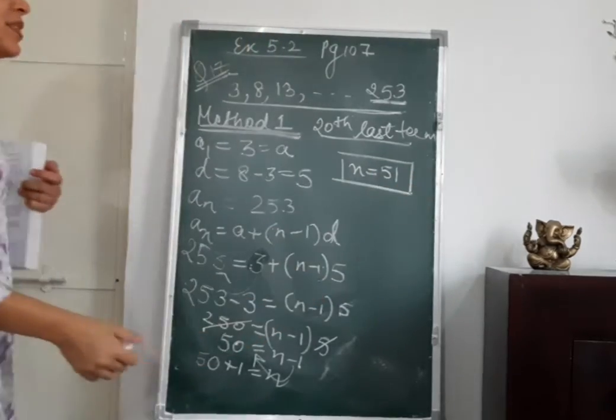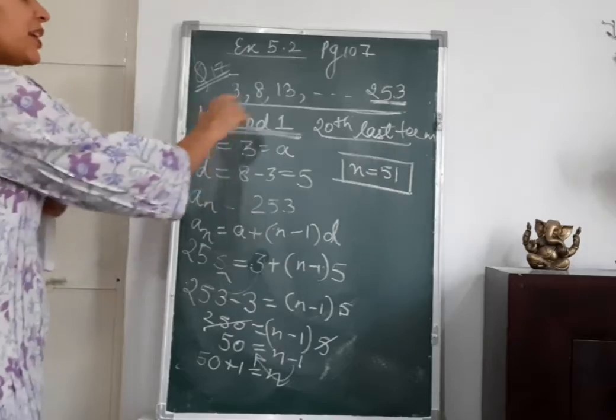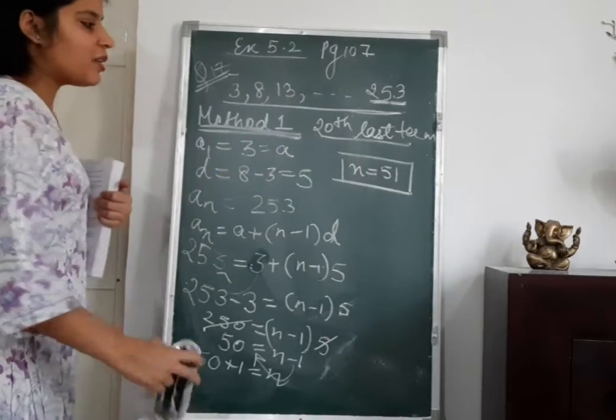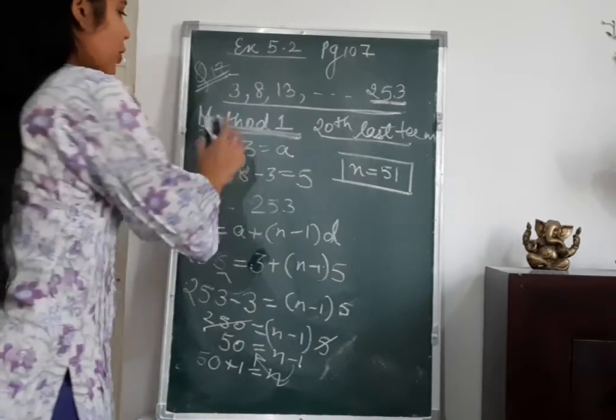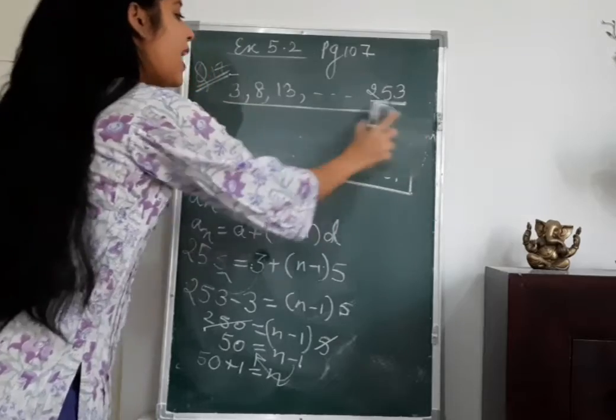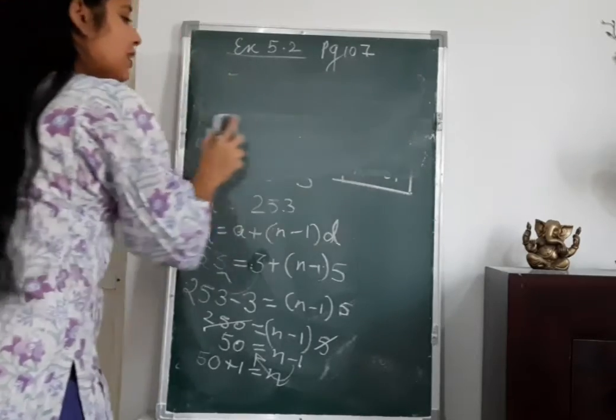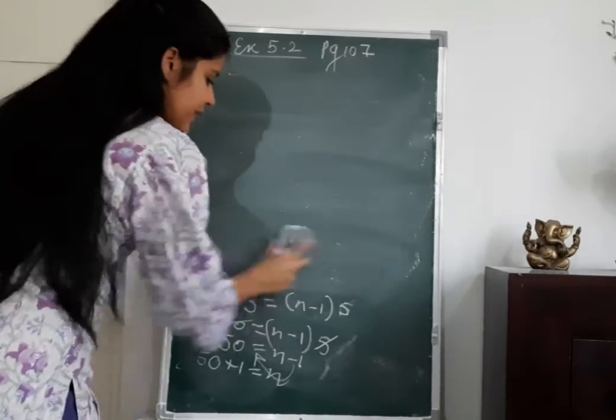So how many terms are there in this arithmetic progression? 51 terms are there. Now we have to find out the 20th last term, right?